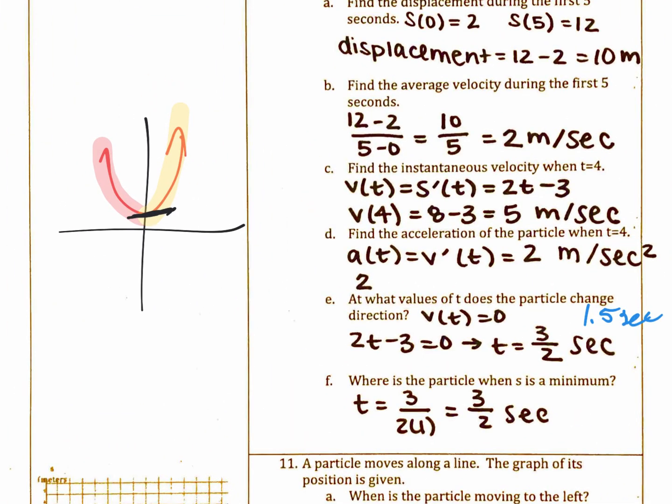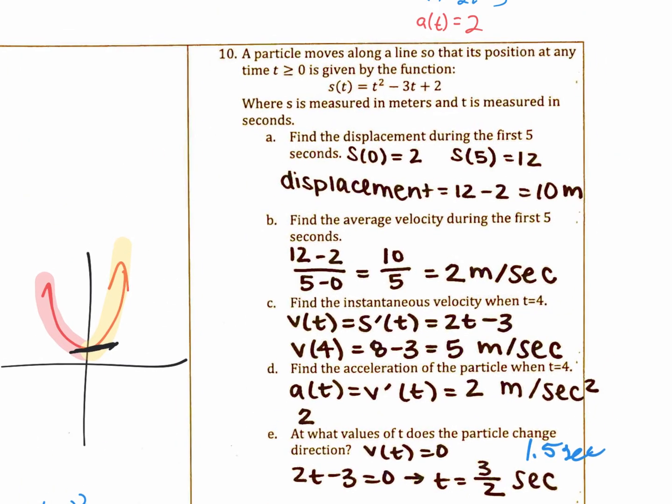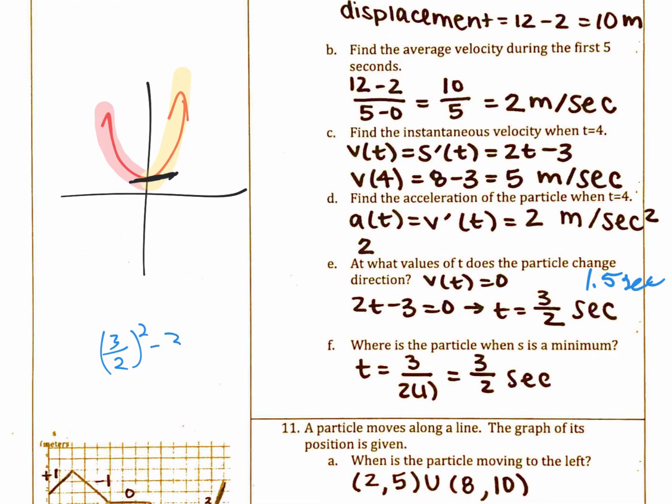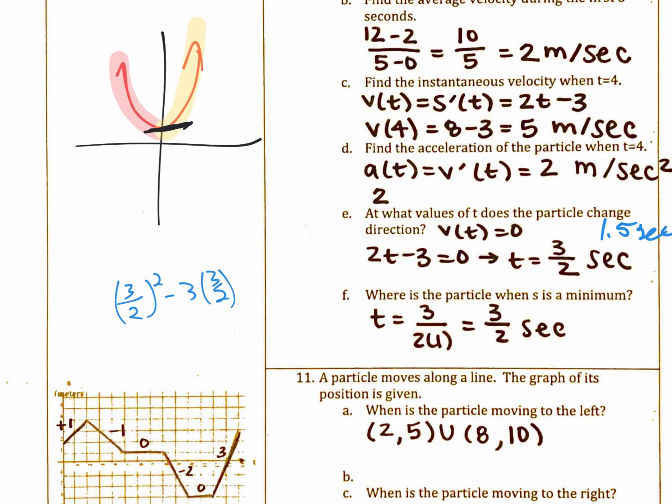The particle would actually be at, let's see, if I plug in 3/2 to my function, 3/2 squared minus 3 times 3/2 plus 2. This would be 9 over 4 minus 9 over 2 plus 2. And that would be 9 over 4 minus 18 over 4 plus 8 over 4. And that would be at negative 1/4 meters. That's where we're at.